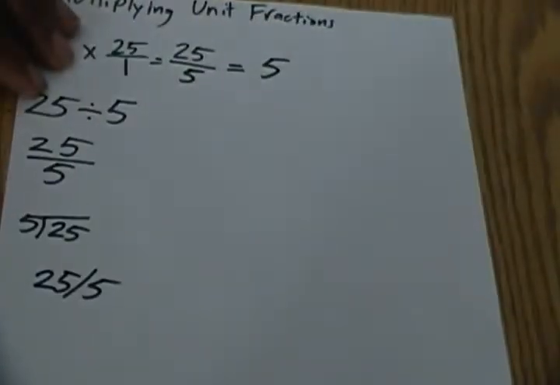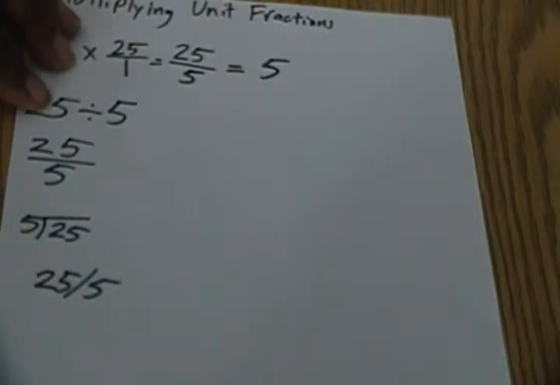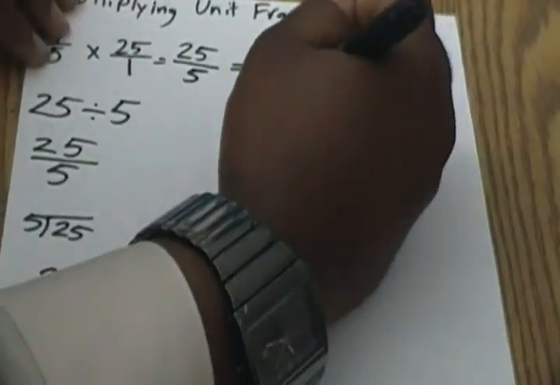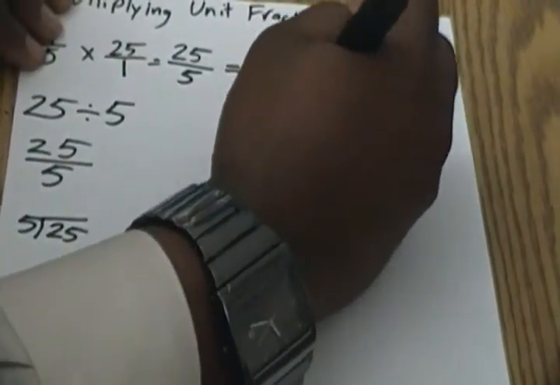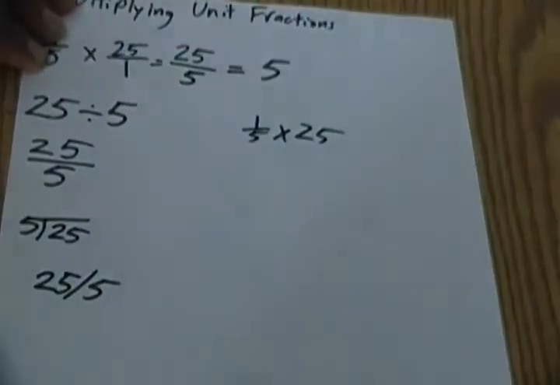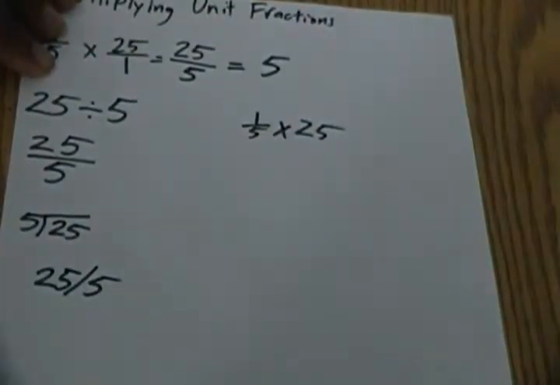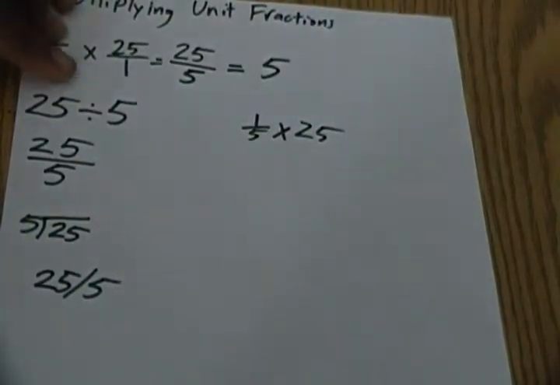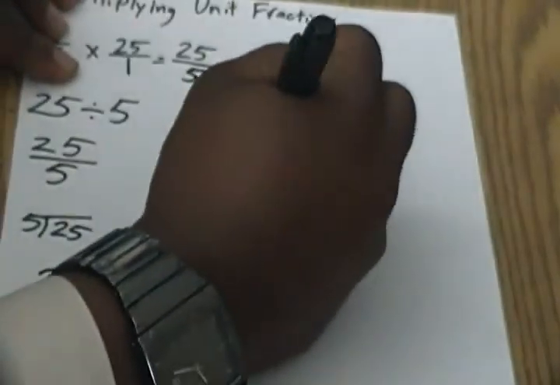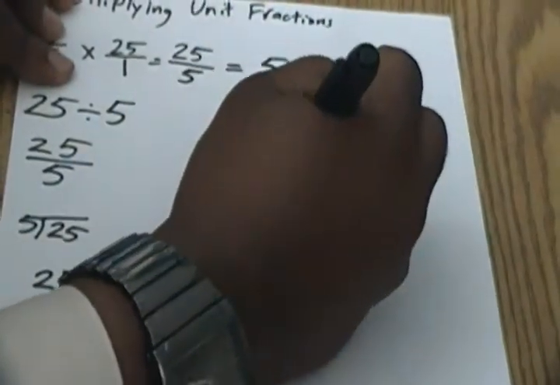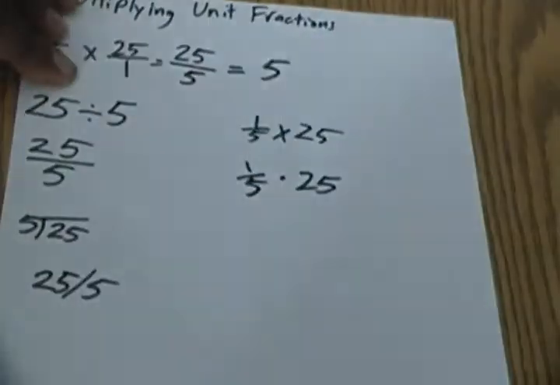Another thing, just to give you a quick overview, we covered a couple of different multiplication symbols that they'll see now, because we're starting to get to a point where we see a lot of variables. So normally, let's take 1/5 times 25. You normally see it like this with the x, but that x can sometimes be confused with a variable. So you'll see it as 1/5 dot 25.